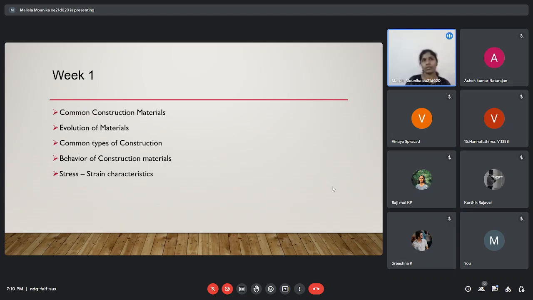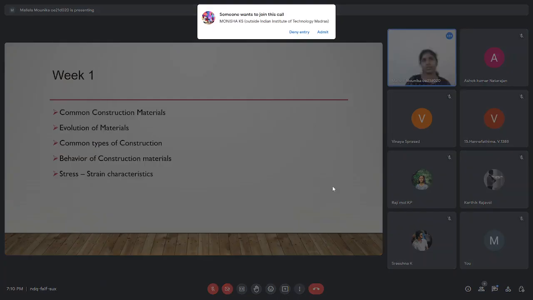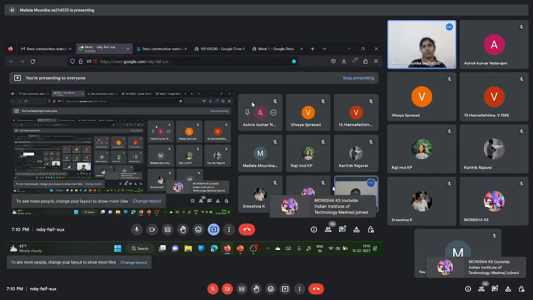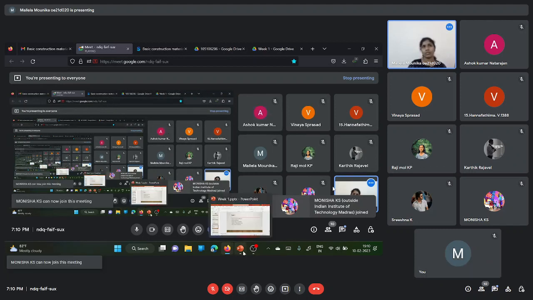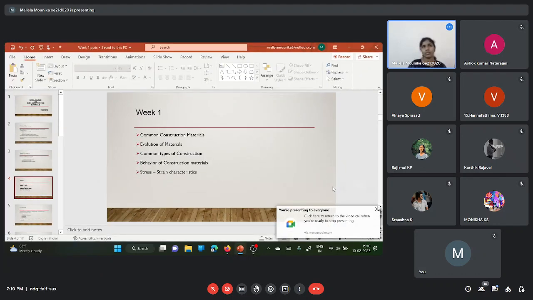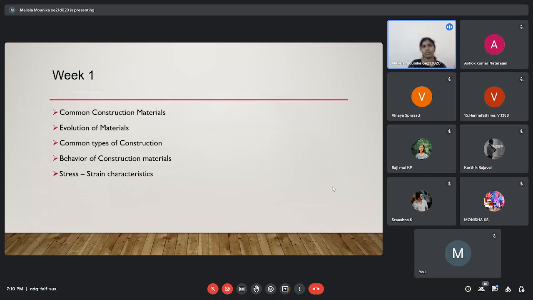This construction methodology also comes in line with the evolution of materials.